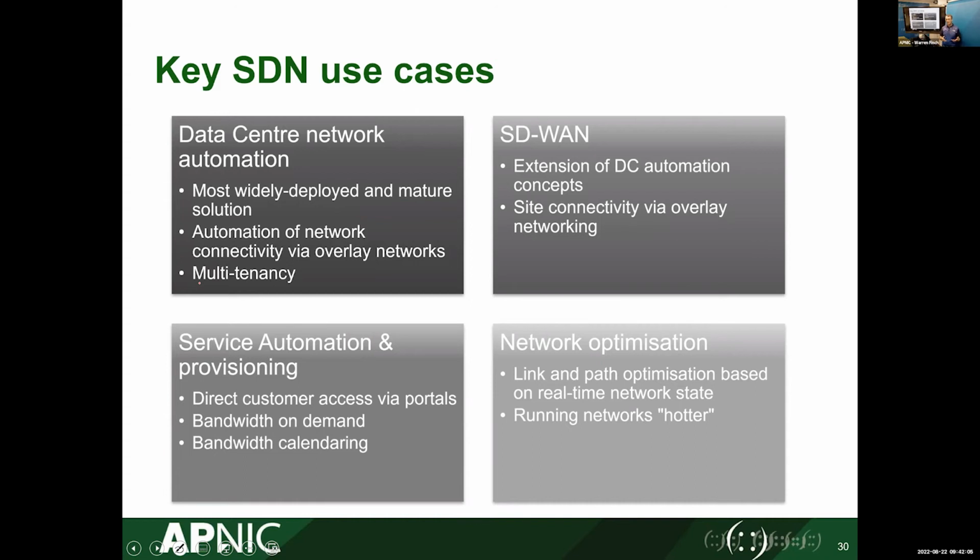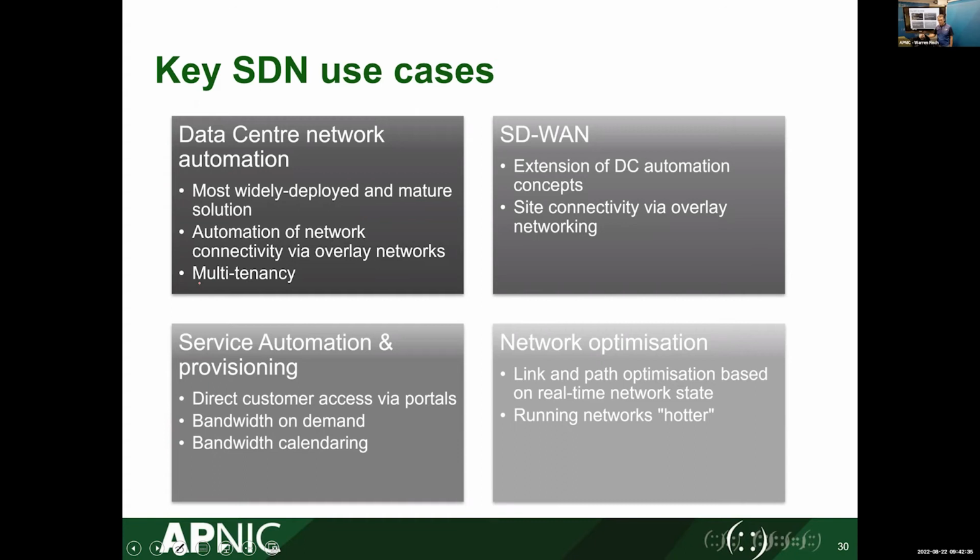Those tenants are going to need some sort of network connectivity. So you can use software-defined networking to be able to basically have a multi-tenant environment that creates an overlay network to allow that communication between their devices. And so that allows that automation side of that, rather than having to get your engineers to manually go in and create that.